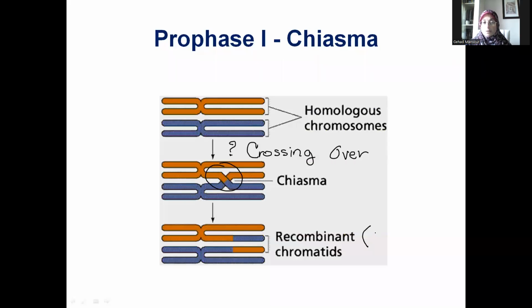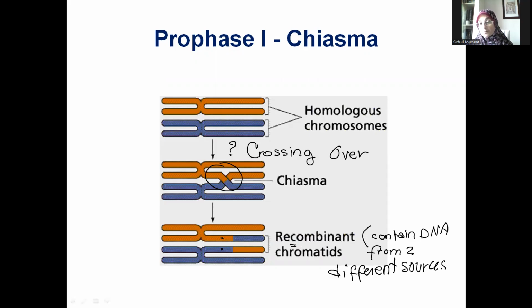Actually, the inner chromatids here are the ones that are recombinant. Recombinant means that they contain DNA from different sources. Here we have two different sources. But since the inner chromatids are recombinant, you can consider that the whole chromosome is recombinant.